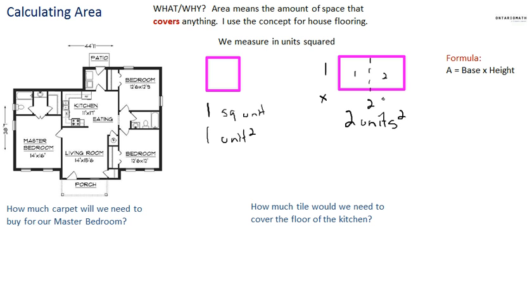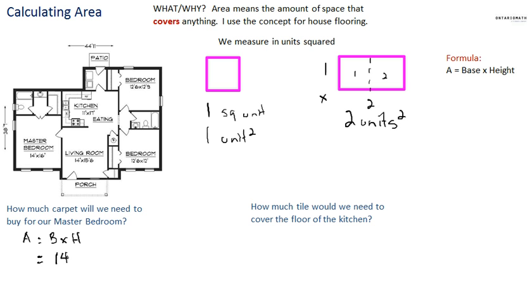So let's put that into action. Let's answer this question: how much carpet will we need to buy for our master bedroom? Let's look at the master bedroom and use our formula. Area equals base times height. So it equals 14 feet times 16 feet. We'll use feet for the first one.